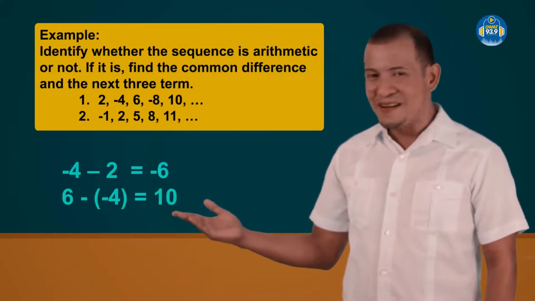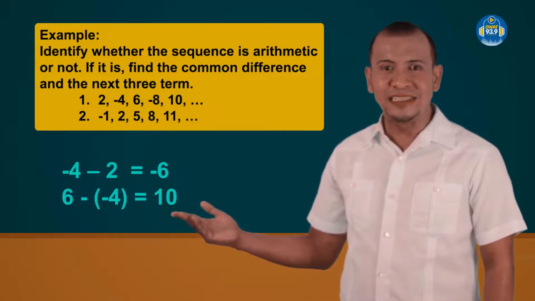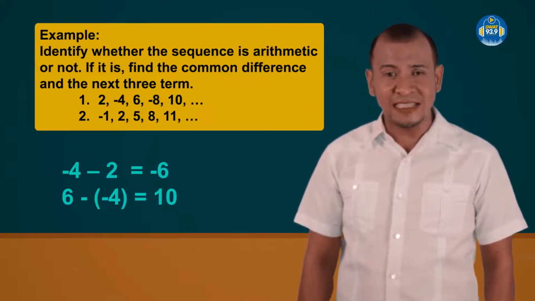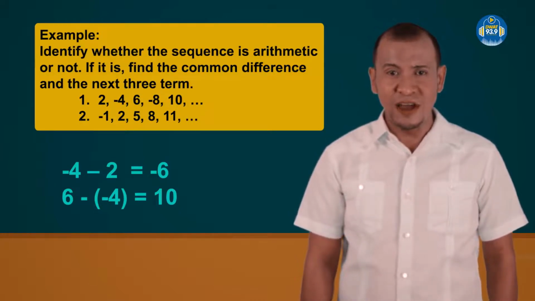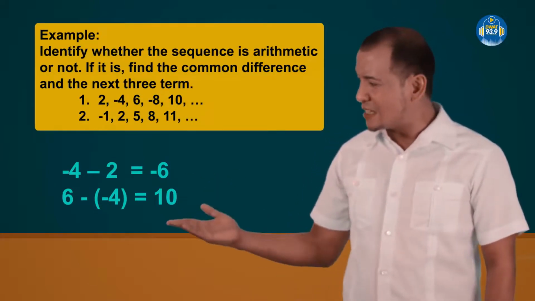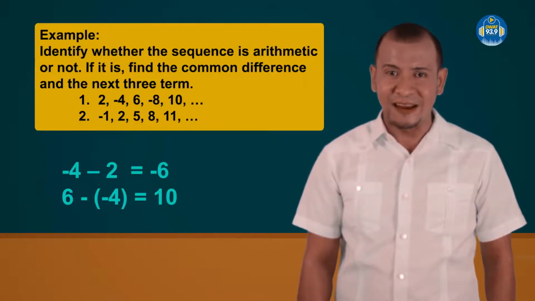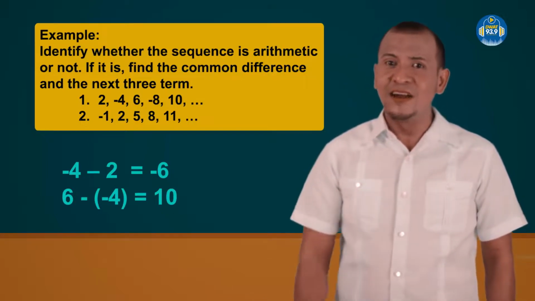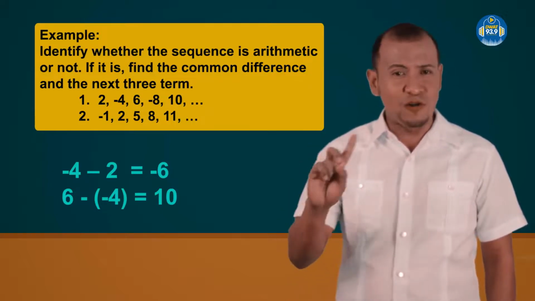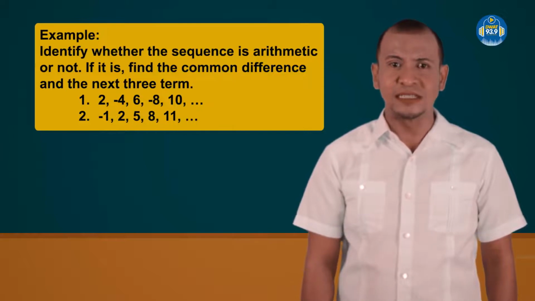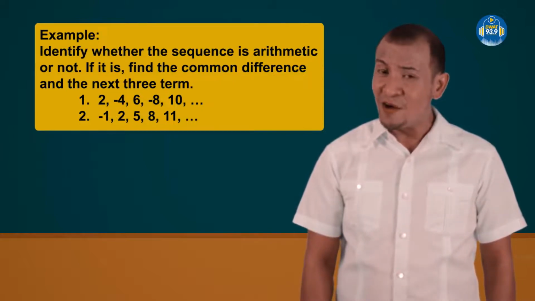Negative 4 minus 2 equals negative 6. Looking at the difference of the next two consecutive terms, we have 6 minus negative 4 equals 10. By that, we can say that there is no common difference. Now what about the second sequence? Is it arithmetic or not?